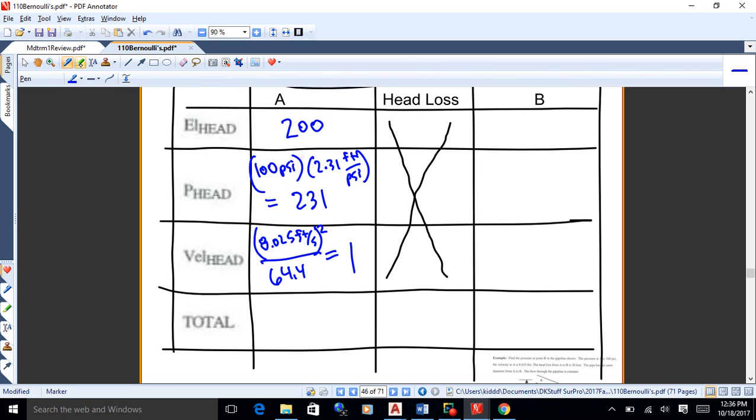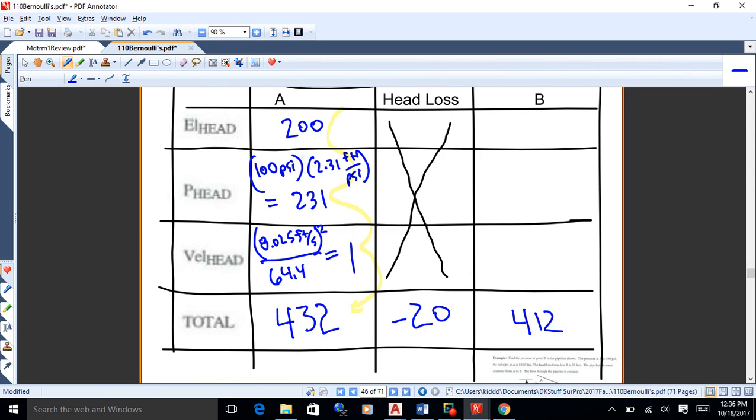So when I add those three things together, what I get is the total, which is 432. Then I subtract off the 20 for head loss and I get 412.